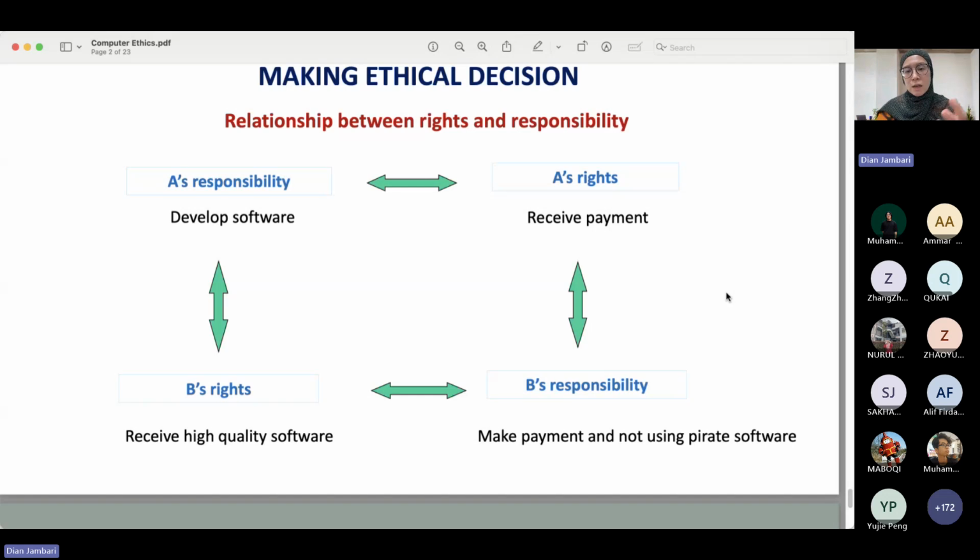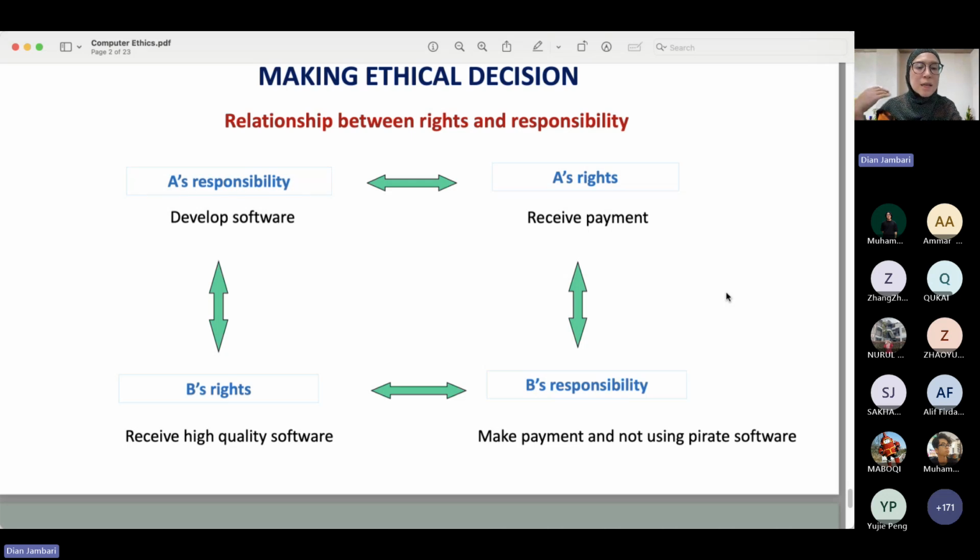So whenever there's an ethical dilemma or conflict, we can make ethical decisions by understanding the relationship between the rights of the user and the responsibility of the IT professionals. So what is the relationship? A is the professional, B is the user. The relationship between the professional and the user is as depicted in this diagram.